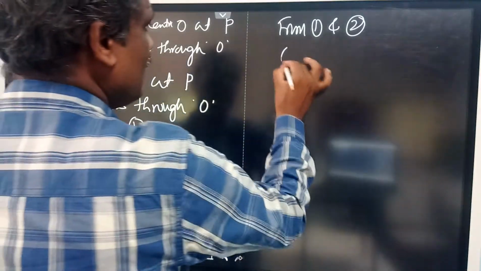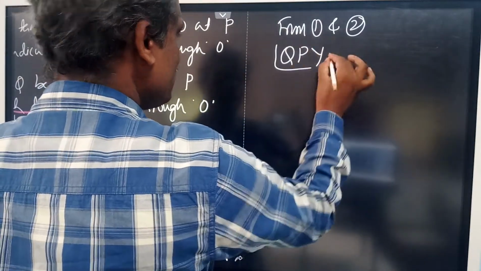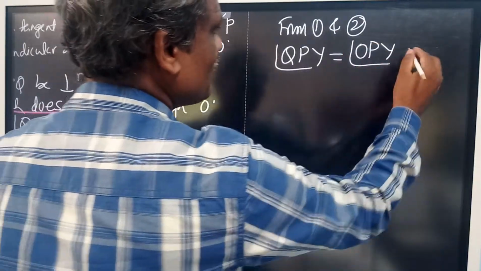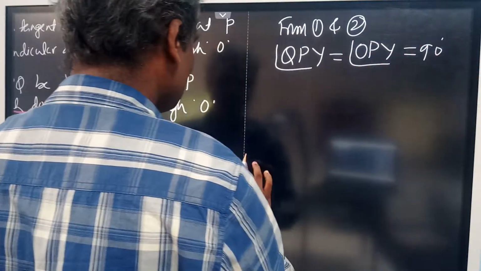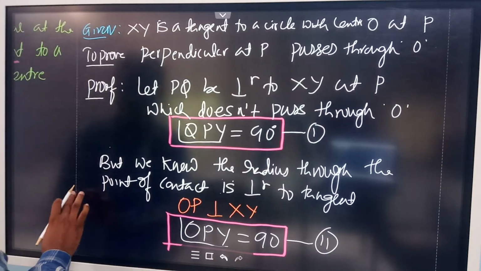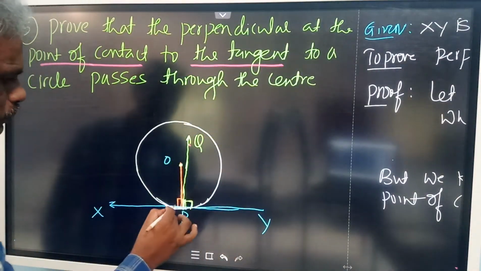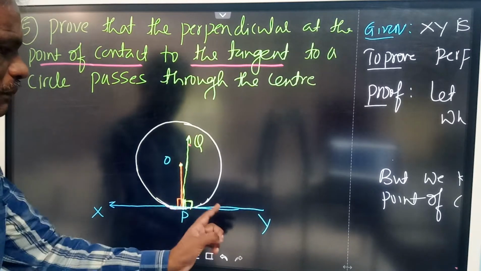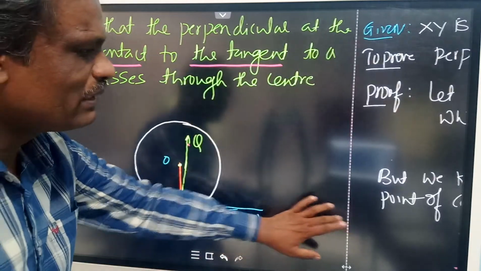What it shows is that angle QPY must be equal to angle OPY because both are equal to 90 degree only. QPY as well as OPY are on the same plane, perpendicular to the same line segment.